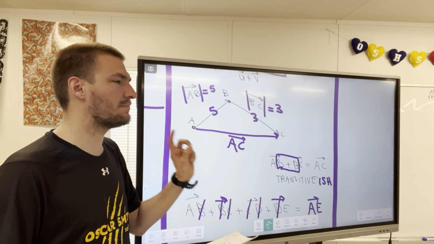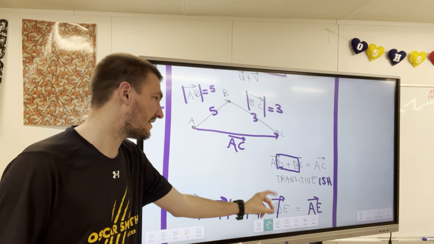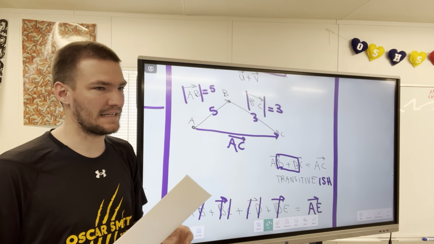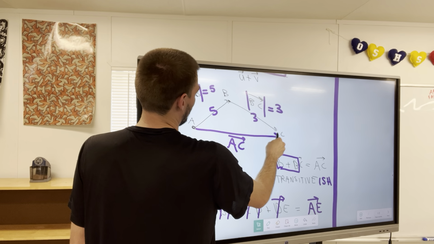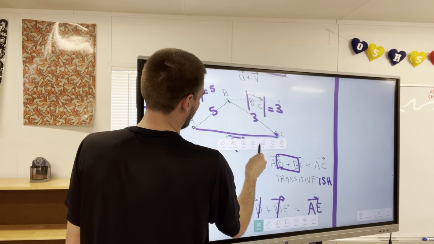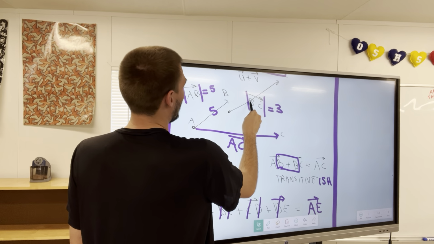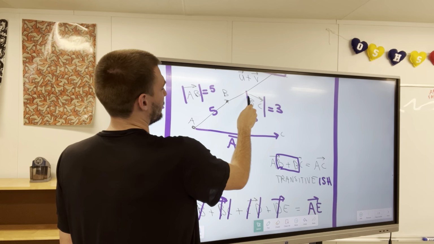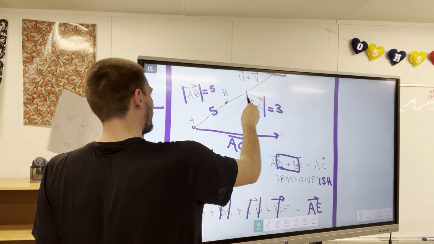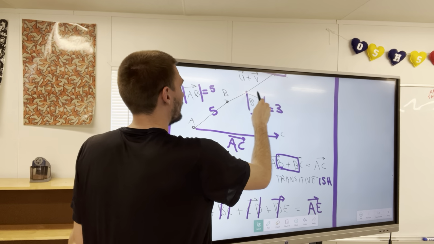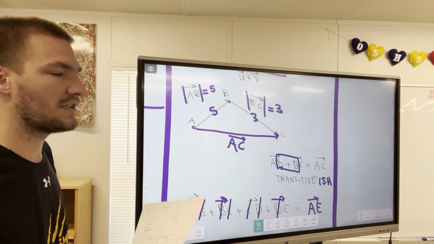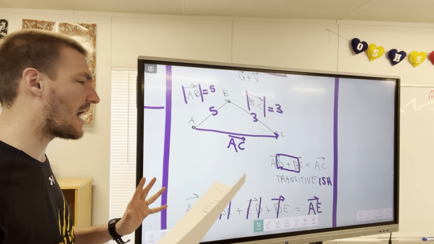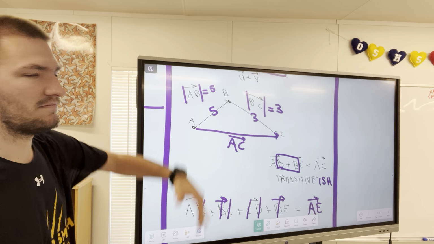There's only one possibility where AC would be equal to 8, and that would be if these two vectors were parallel and they were just perfectly making a straight line. 5 plus 3 makes 8. But 90% of the time, you can count on the addition of two vectors and thinking about their magnitudes to not be just add them up.